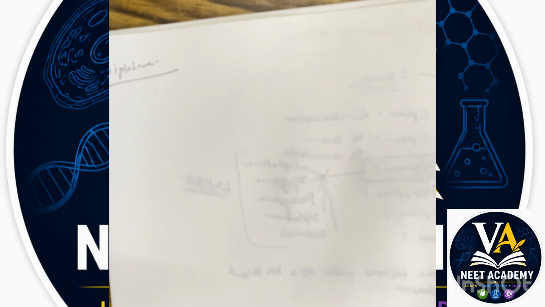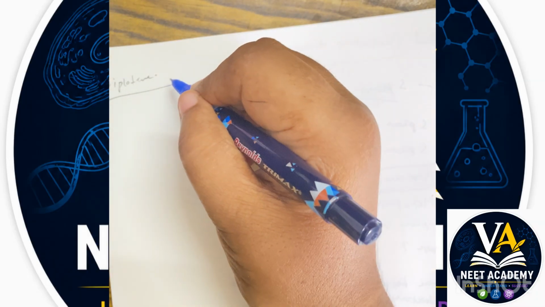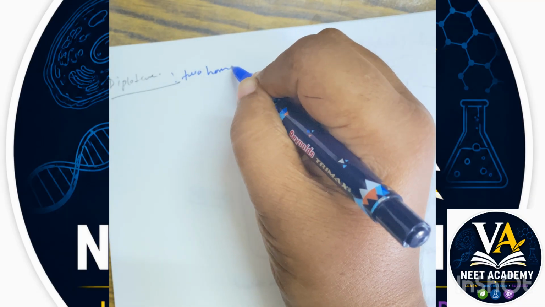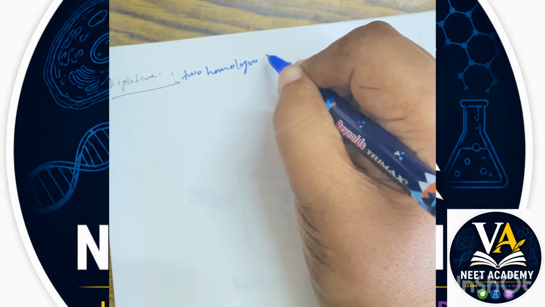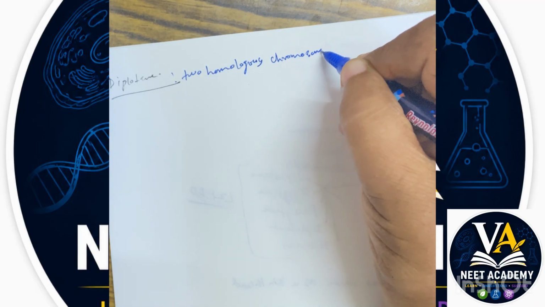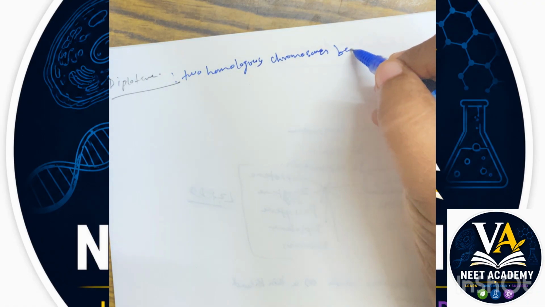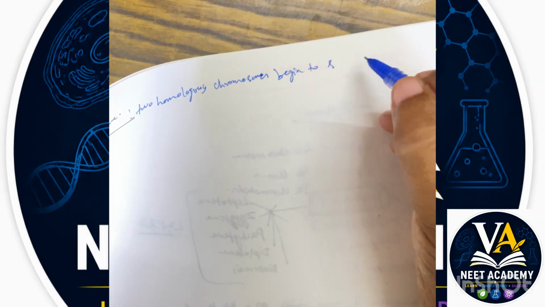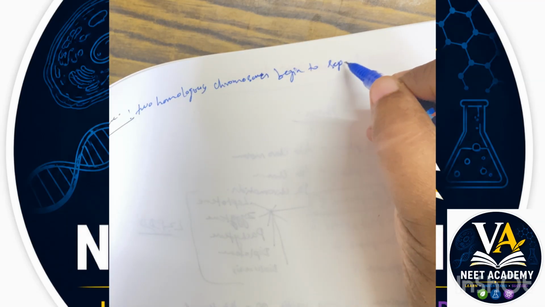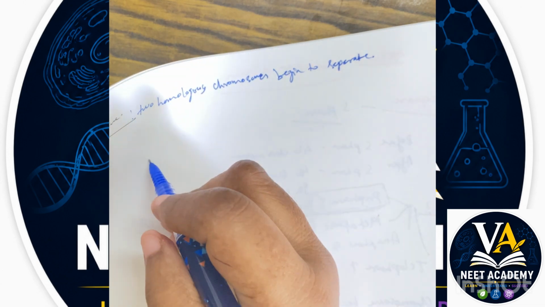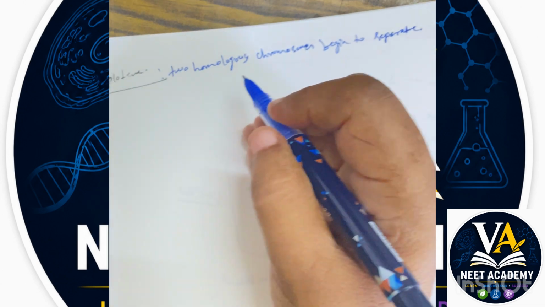In Diplotene, two homologous chromosomes begin to separate, but they remain attached at certain points.